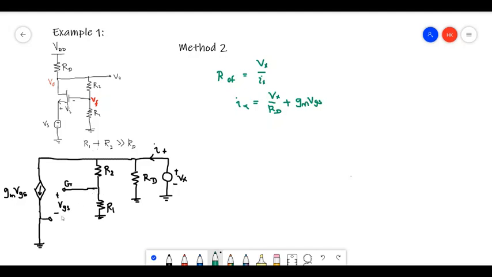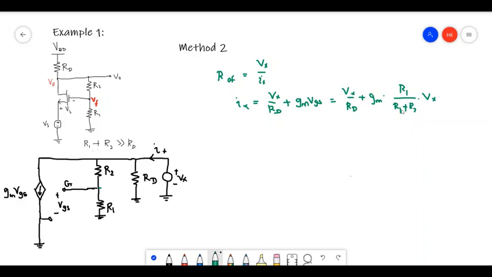So to find VGS, this is 0, so VGS is equal to the voltage at this point, right? So this is Vx over Rd, and for VGS I can write the voltage here, which is R1 over R1 plus R2 times this voltage here, which is Vx, right?